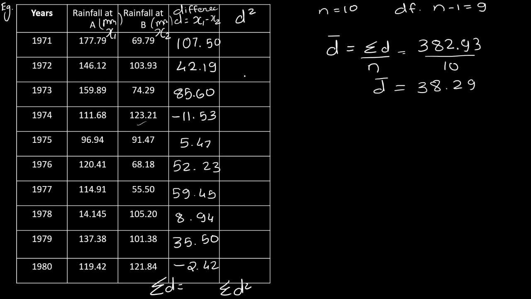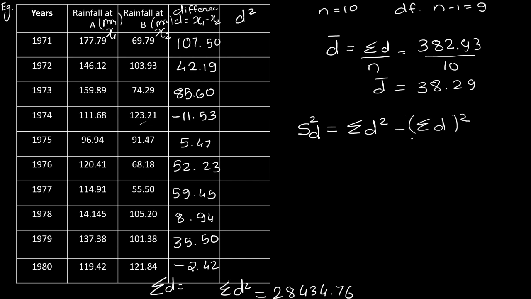Now if you calculate summation D square, it will be given by 28434.76. With these values you will be able to calculate SD square, that is summation D square minus summation D the whole square upon n, divided by n minus 1.